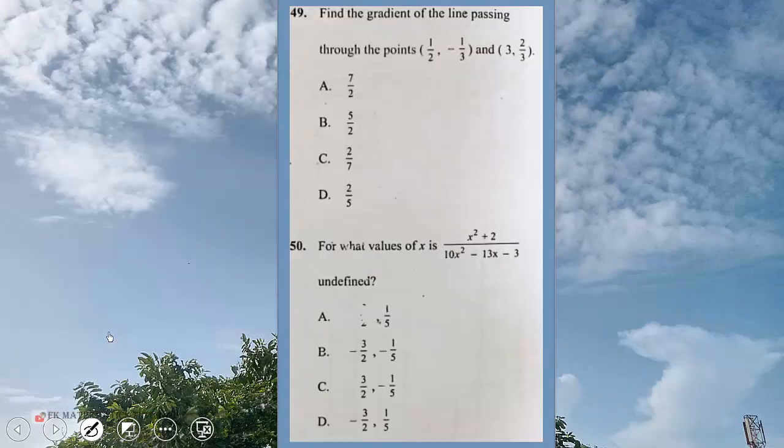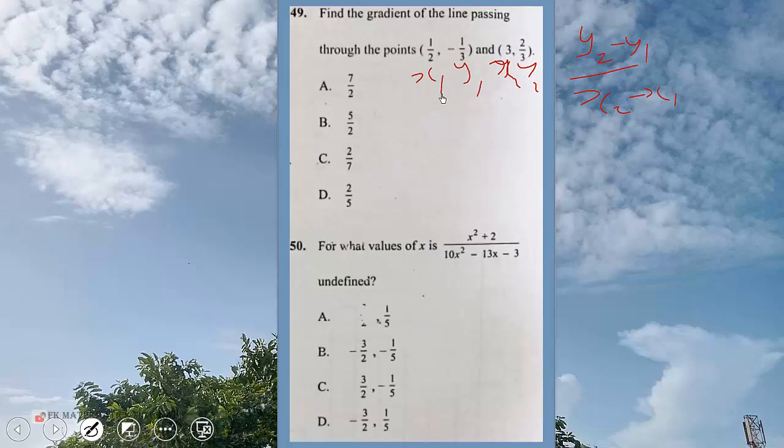Find the gradient of the line passing through the points negative 1 over 3, 2 over 3 and 3, 2 over 3. So gradient is given by y2 minus y1 over x2 minus x1.